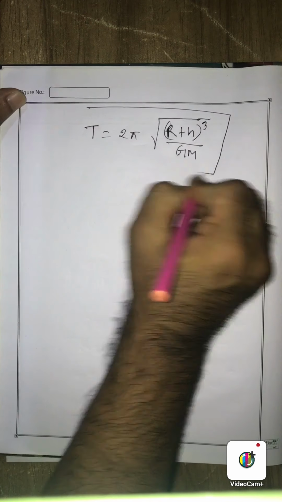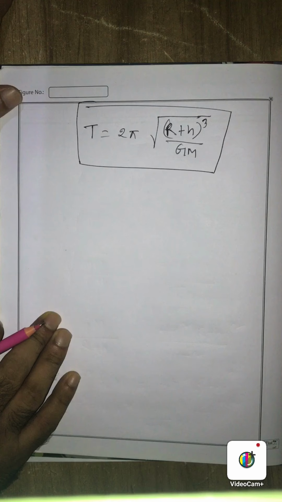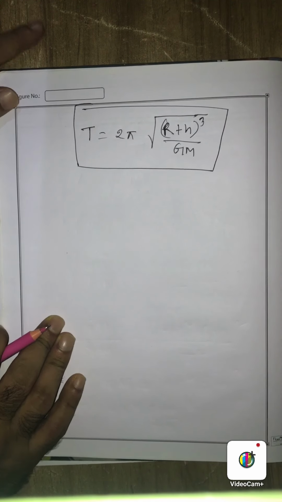So this is the formula of the time period. By using this formula we calculate the time period of an artificial satellite.